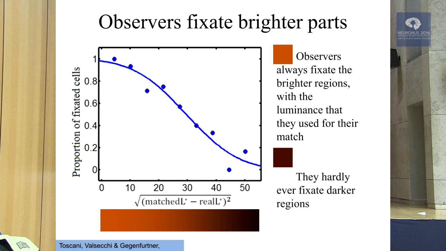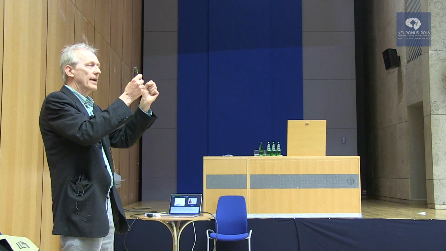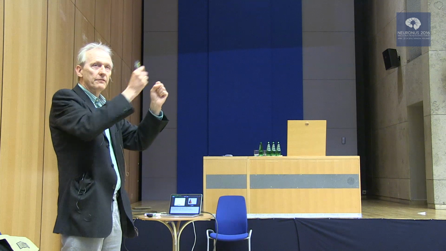And the regions that are very dim and very different from the match the observers made are hardly ever fixated. So there seems to be a very close relationship between the perceptual impression that the observers have, which they use for their match, and where they fixate. But of course, that's just a correlation, and we would like to experimentally show that the fixation positions are important.